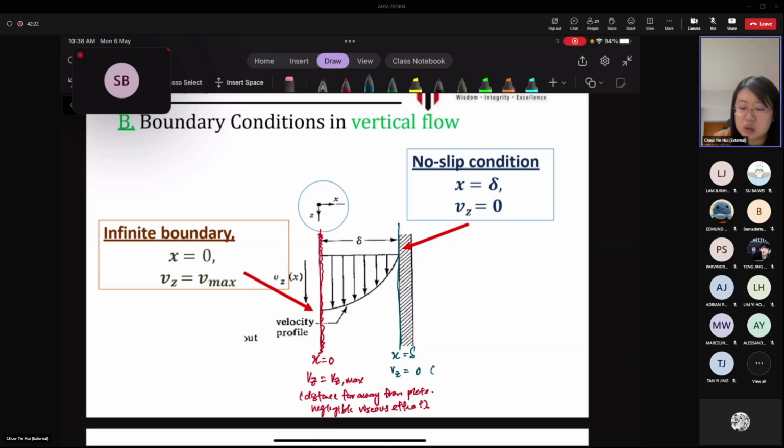According to the no slip condition, the fluid layer adjacent to the wall will adhere to the wall, and it will travel at the same velocity as the wall. So this is the no slip condition.